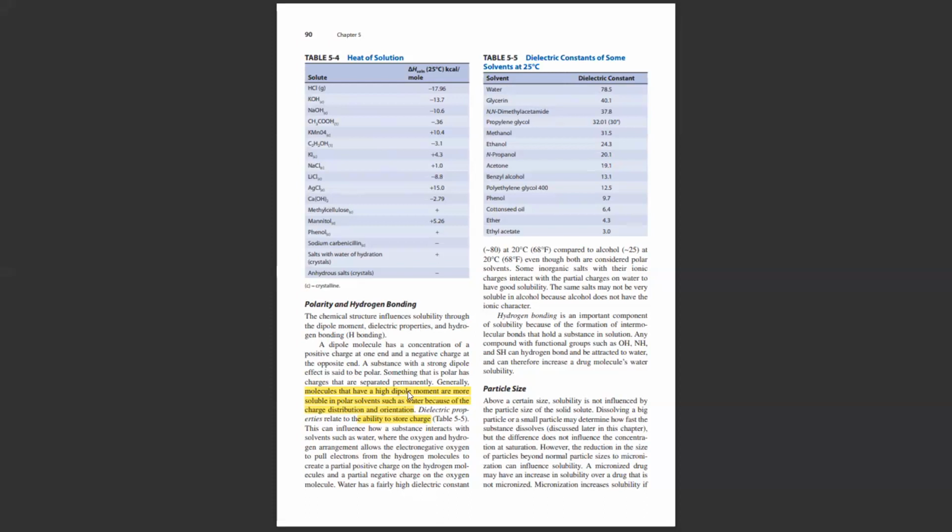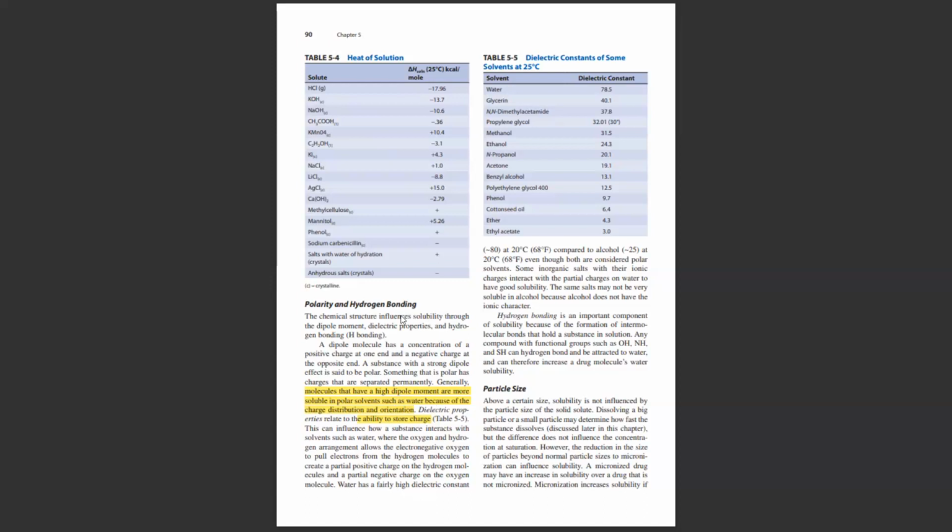With the dipole moment, molecules that have a high dipole moment, such as water, are more soluble in polar solvents because of the charge distribution and the orientation.